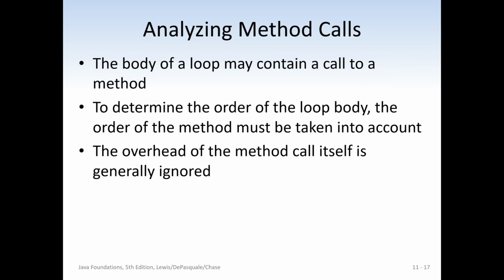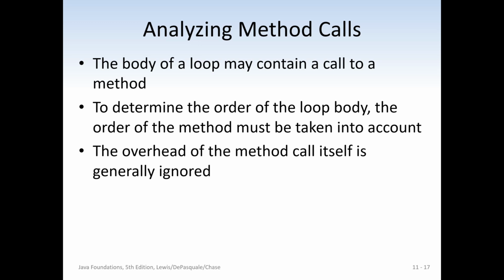All right, so the other thing that we have to think about is that sometimes the body of a loop contains a call to a method. If we want to determine the order of the loop body, we have to look at the order of the method. The method may have loops inside of it, right? So if the method has a double loop and it's order n squared inside, and the outer loop that's calling that method is order n, then we're going to have an n cubed function, right?